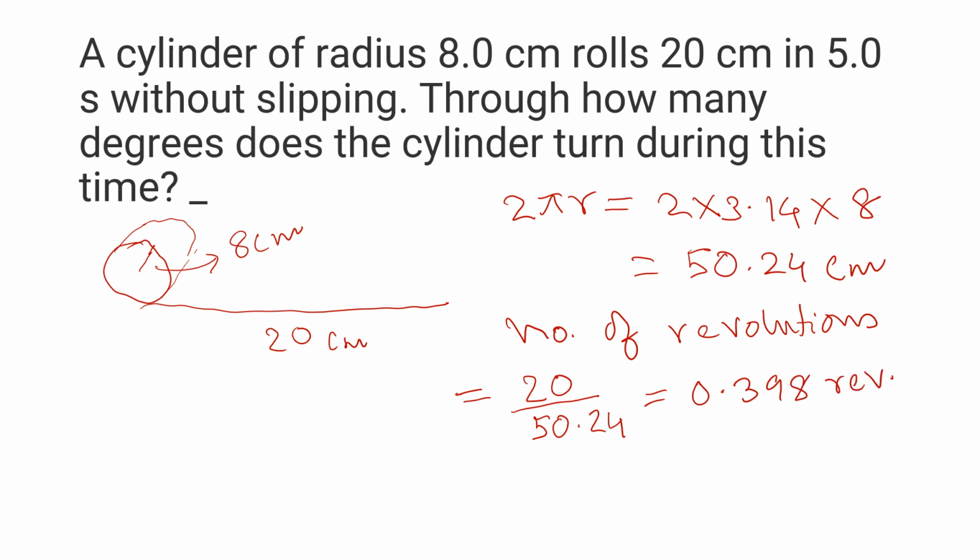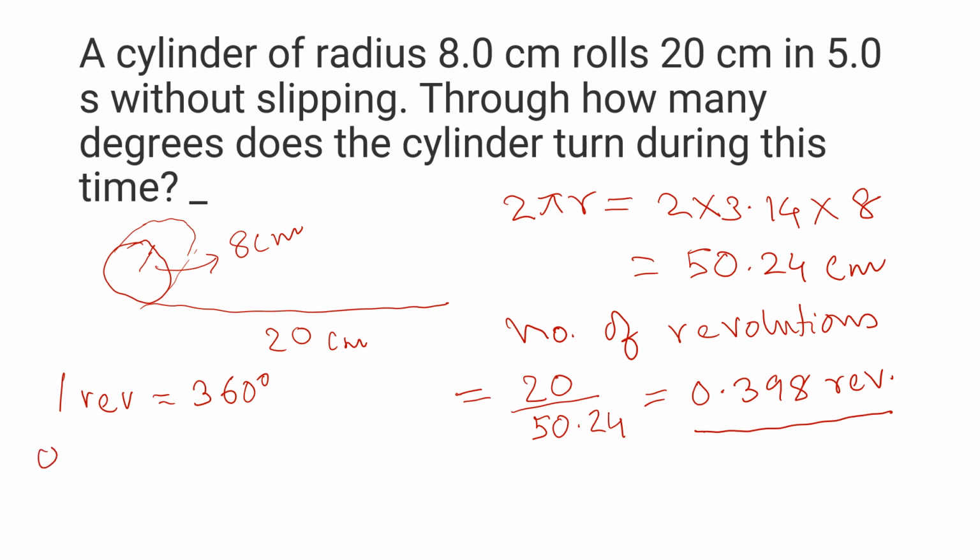All right. Now the question says, through how many degrees does the cylinder turn during this time? During this time, it is completing 0.398 revolutions, and we know the relation between revolutions and degrees. One revolution equals 360 degrees.